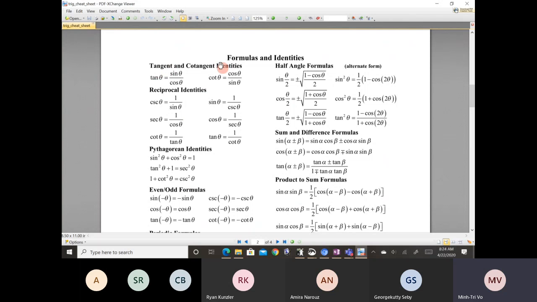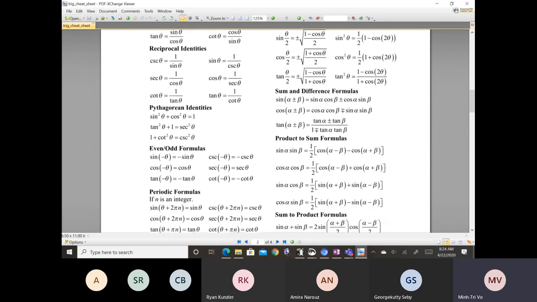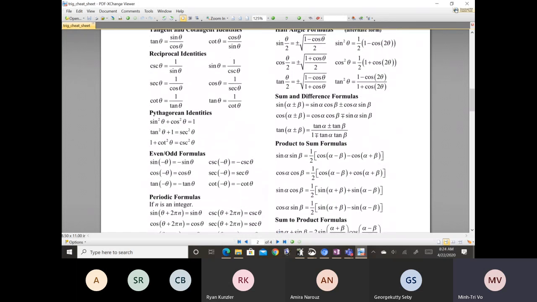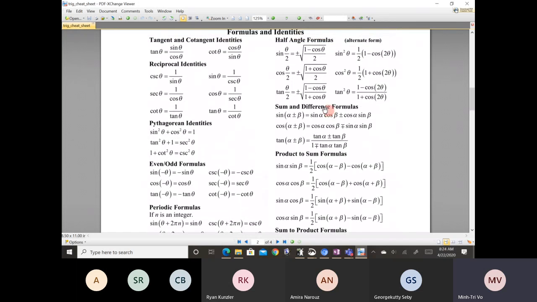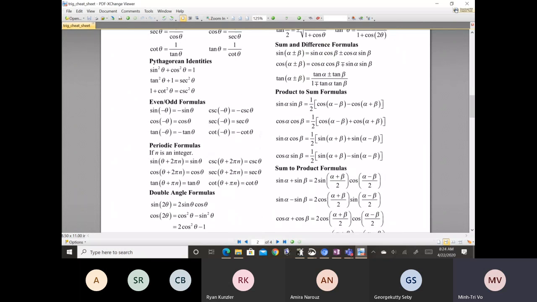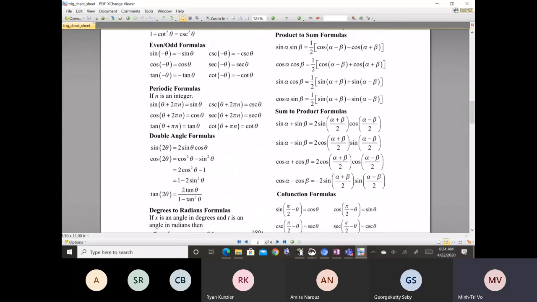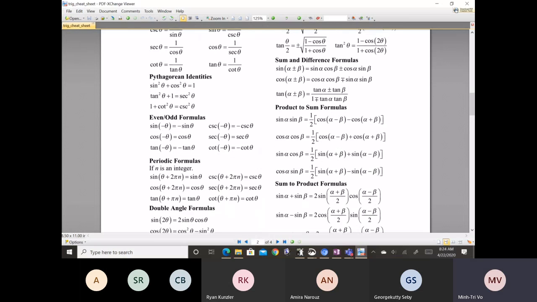So the tangent and cotangent identities, the reciprocal identities, and the Pythagorean identities, right? So section 9.1 is on this set here. Section 9.2, if I remember, is the sum and difference formulas. So that's this here. And then section 9.3 is the double and half angle formulas. The double angle formula is here.